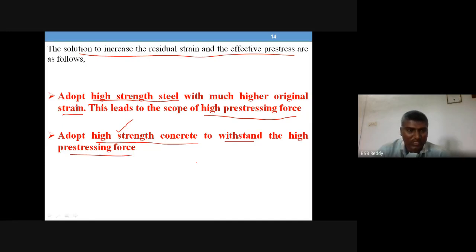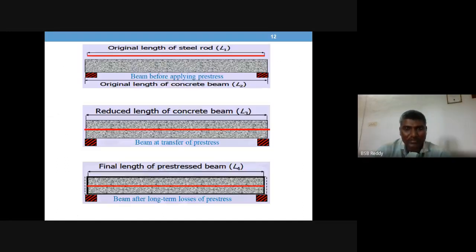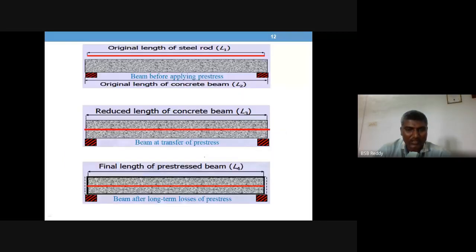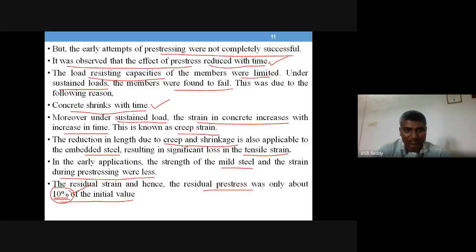So these two are very crucial requirements that have come out actually from a failure. The pre-stressing concept in concrete started with the mild steel rods. In fact, we started with the mild steel, and they found that after some time, the residual value of the stress, that means the value of pre-stress, is almost becoming zero.